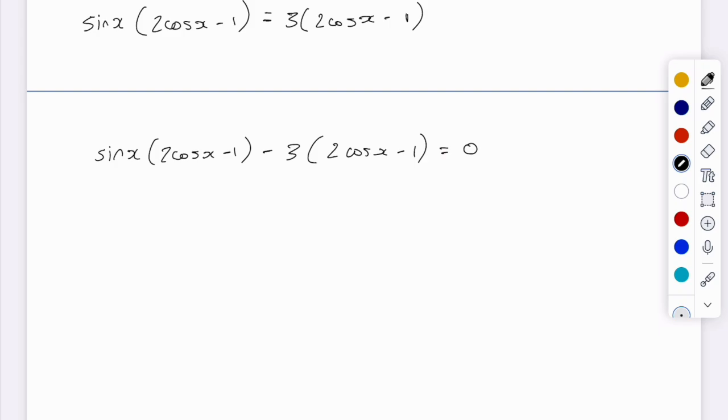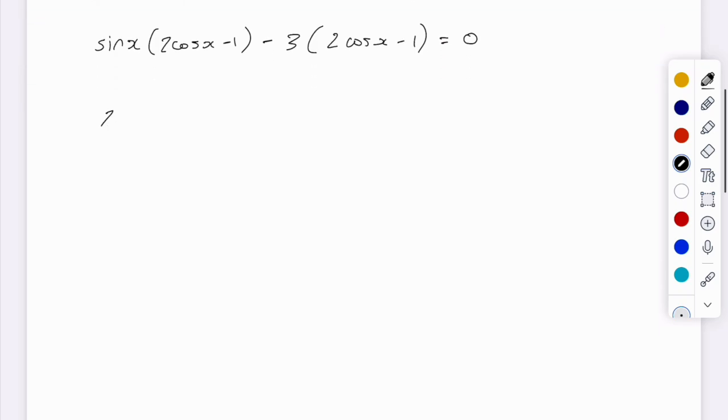As a result, we can take out a common factor of 2 cos x minus 1, times sine x minus 3, and that equals 0. Now that leaves us with 2 answers.